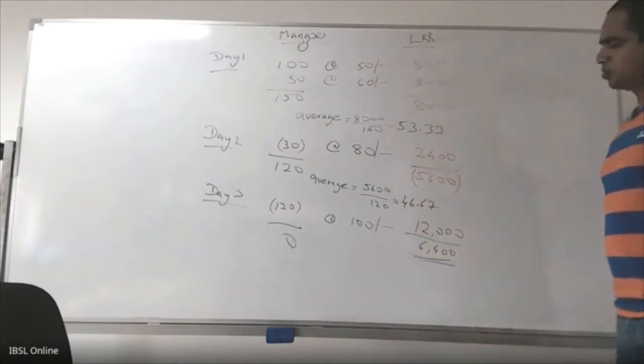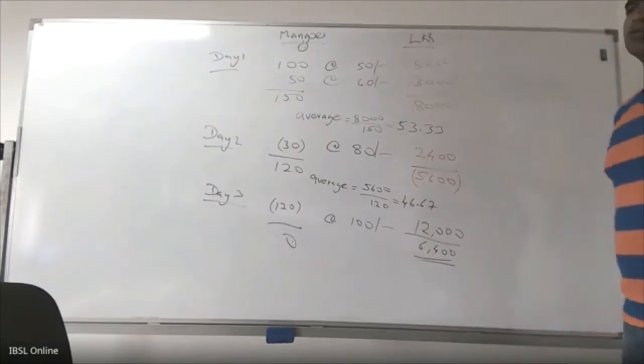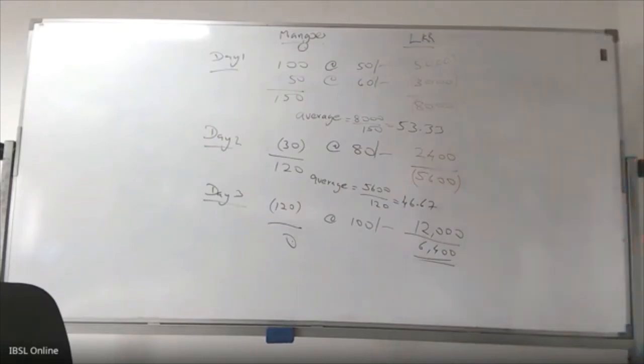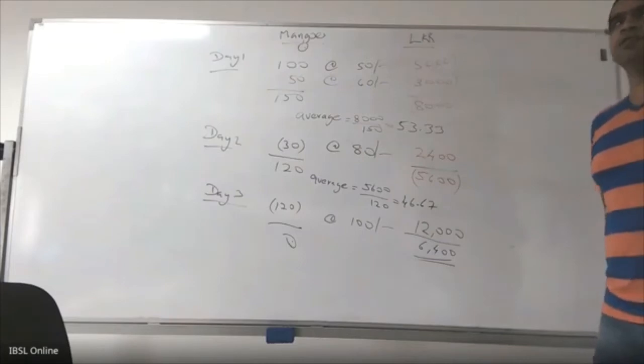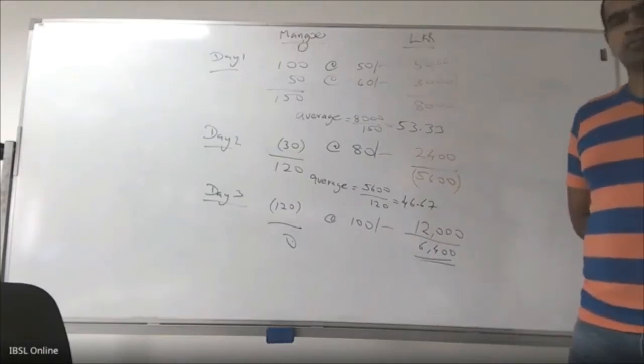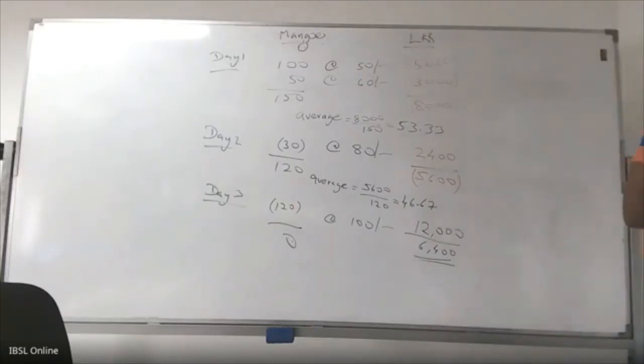If you are left with 0 mangoes, what happens if the price of a mango goes to 500 rupees on day 4? What will happen to your profit? Will it increase or will it reduce?